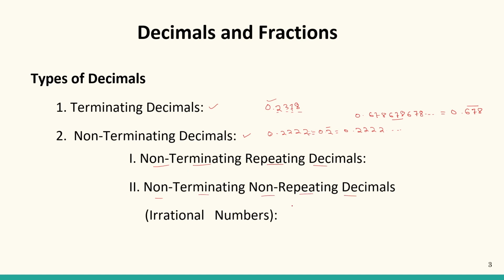For the second category, we got the examples of pi and e. These are irrational numbers. And for non-terminating repeating decimals, this example is appropriate.